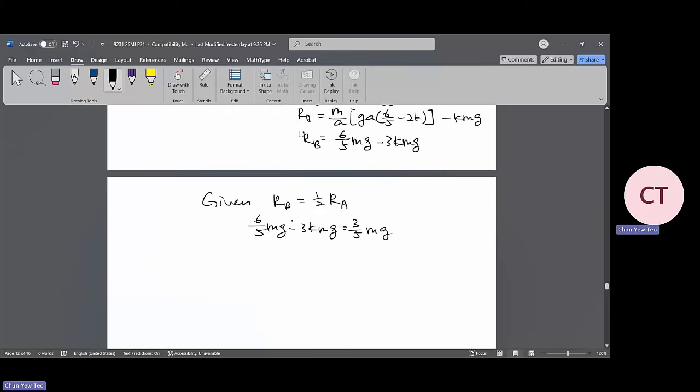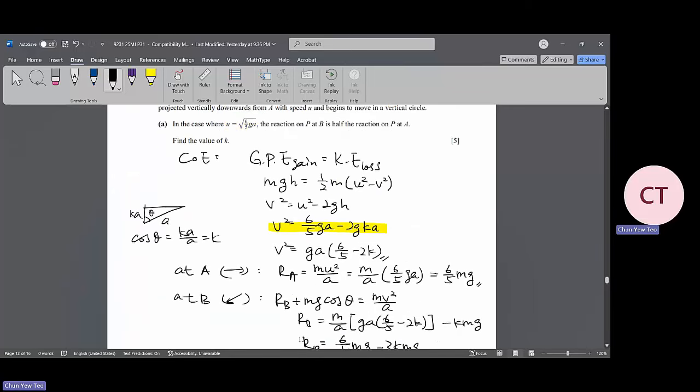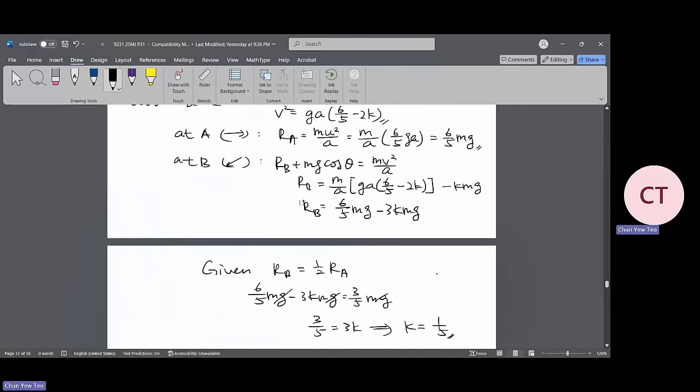So you just cancel the mg. You get 3/5 is equal to 3k. Therefore, your k is 1/5. Done. This will be the answer for 7A.